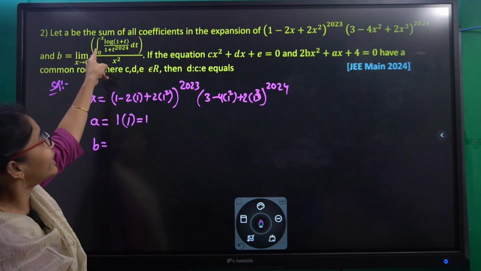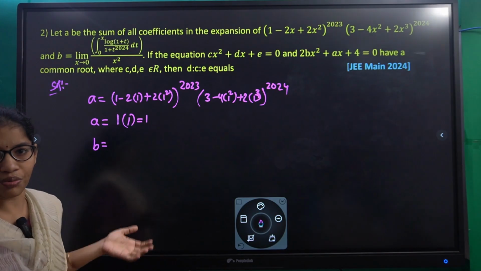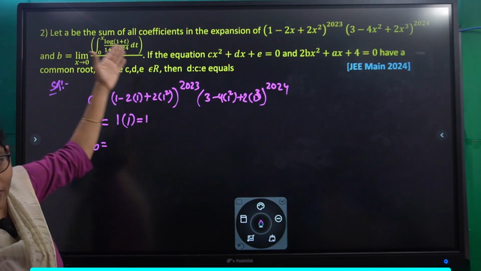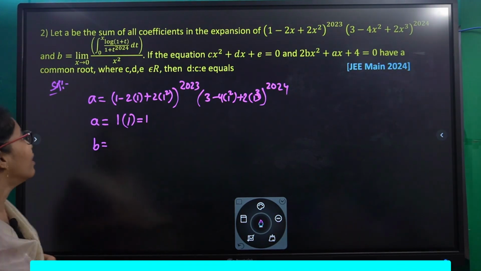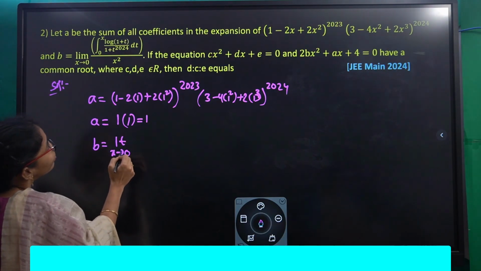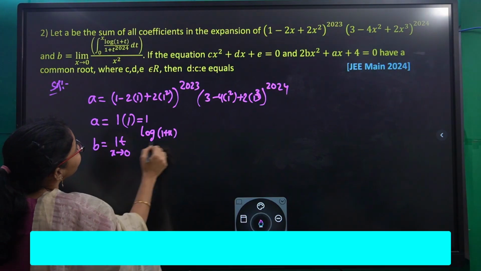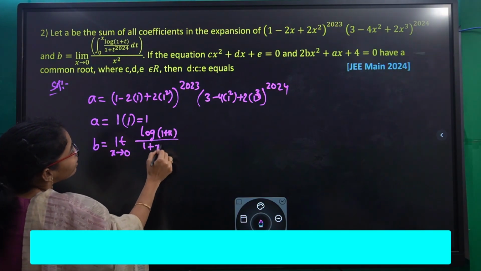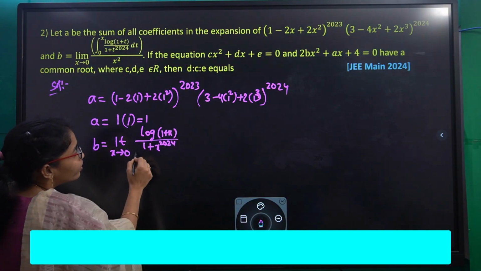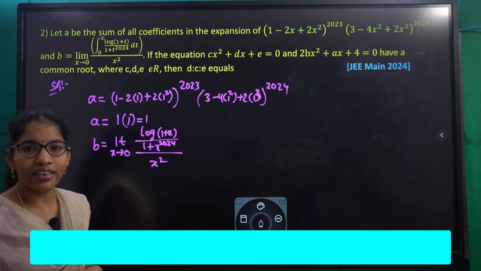So the derivative and this integration get cancelled, right? Both are reciprocal operations, so they cancel. Then what are we left with? Limit x tends to 0. For the numerator, log of (1 plus x) by (1 plus x) power 2024, divided by x square. Clear?